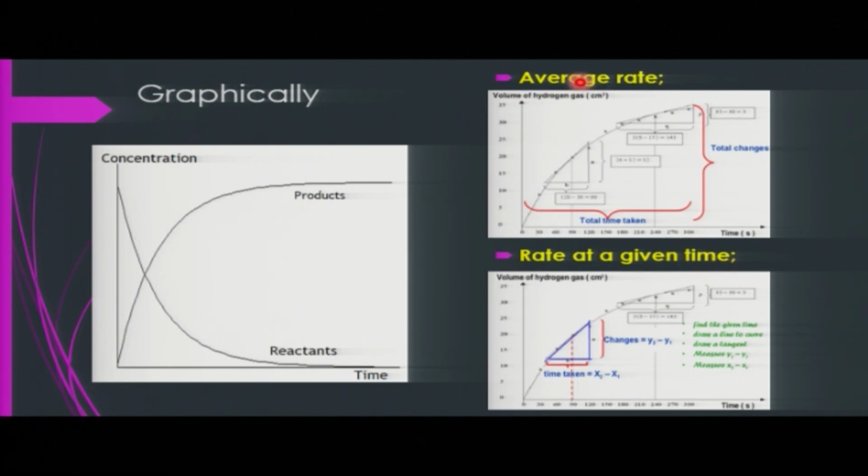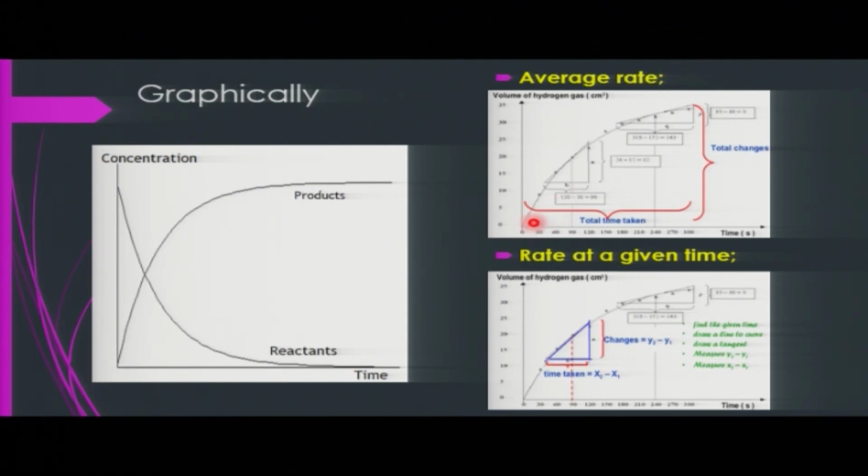Looking at the average, we said you just look at the total changes in your reaction. For instance, this was for production of hydrogen. You see it increases as time passes, up to a point whereby the reaction will cease to occur. When you consider the total changes with the time taken, that gives us the average rate.